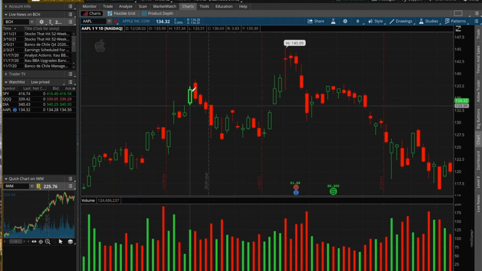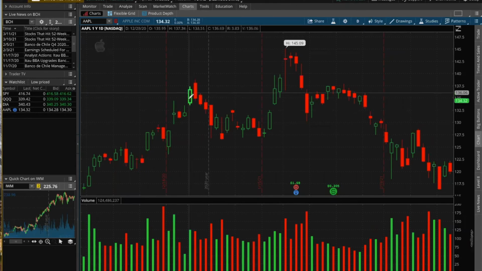And then these are called wicks. Wicks show where the price traded. This is the high and low of the day, but the majority of the trading is in this body, so that's where most of the trading takes place. But you'll see it does go up to, if you look on the right side, 134.28 and the low of 129.